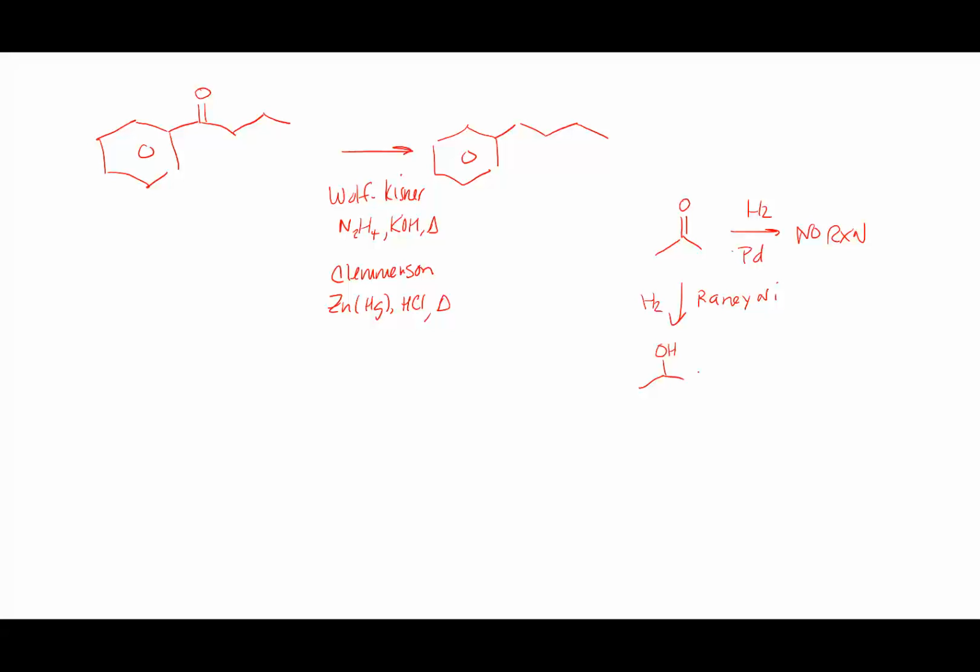Not an alkane. So that's why there's a difference between these. And you could get from the alcohol to an alkane, but it would take at least 2 more steps. Okay. So that's one of the things that they talk about, but we've already done that, so it's review.